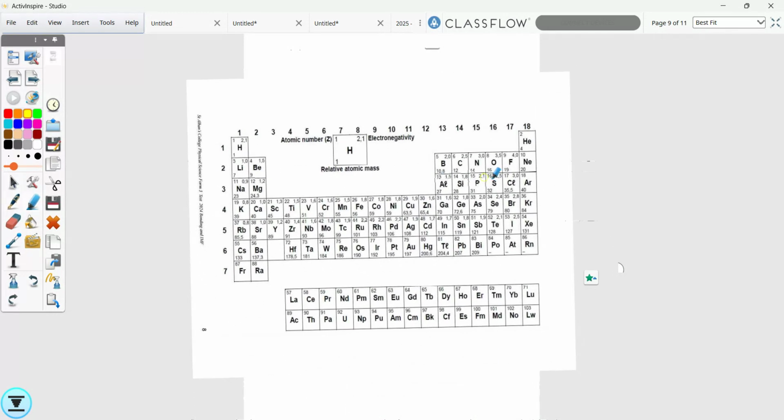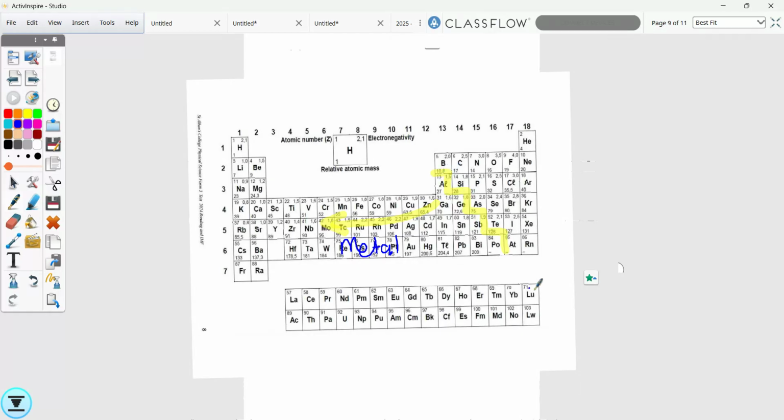Aluminium is the only one that's still group 3. These things here are always metals. You always put a roof on aluminium. That's the thing to do.